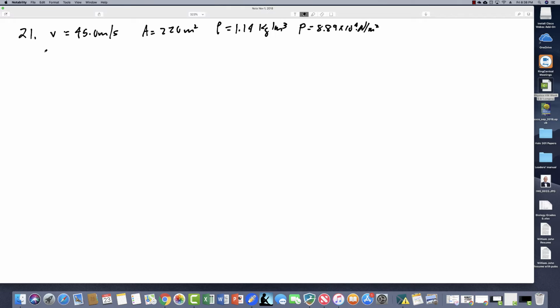And so we write Bernoulli's equation down, and I'm going to leave out the last part of it because, again, the height doesn't change, so I'm going to leave out the rho g h here because it would cancel out.